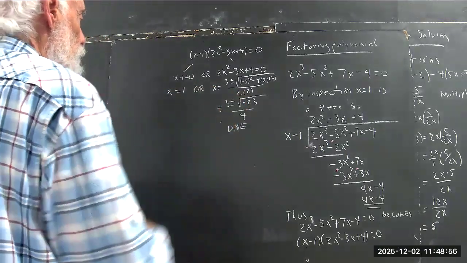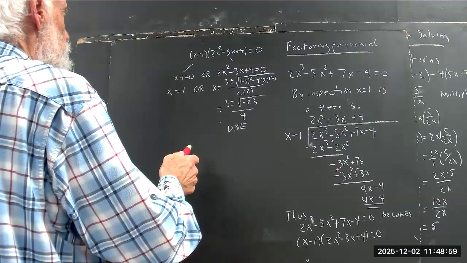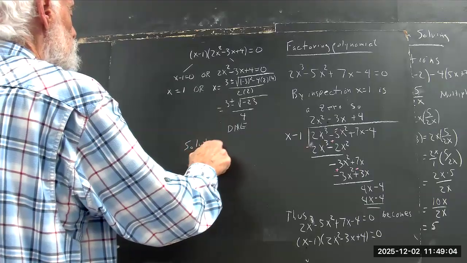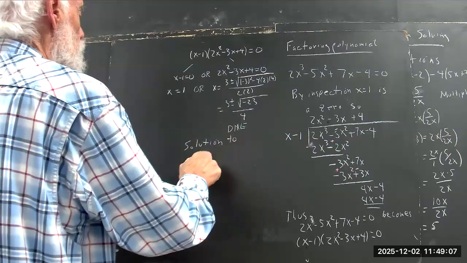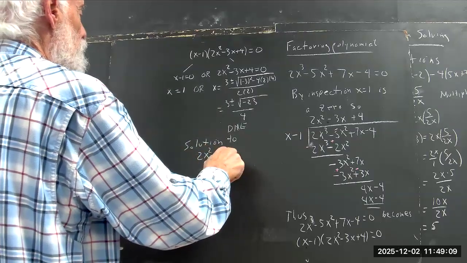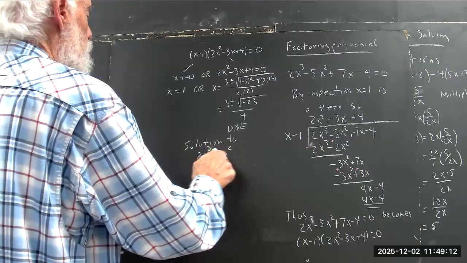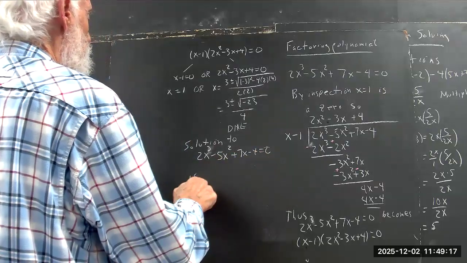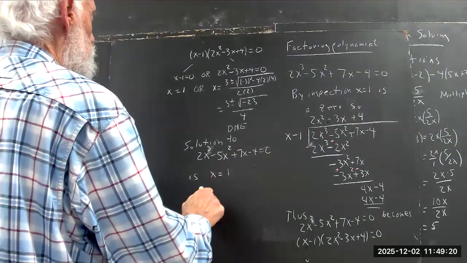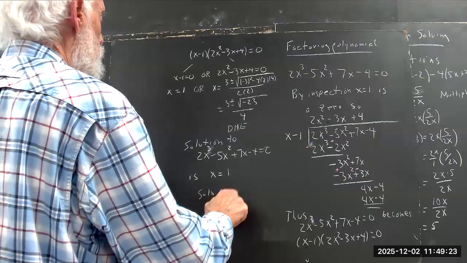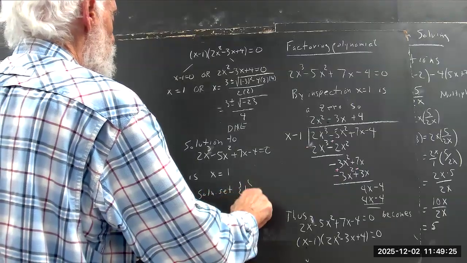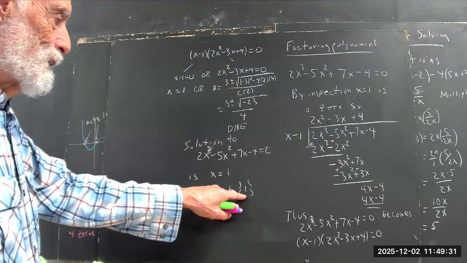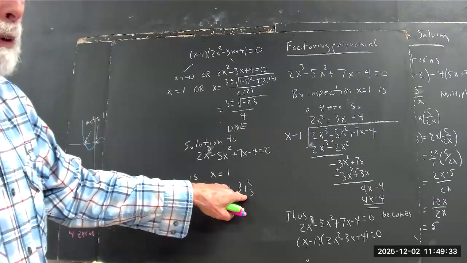And you don't have to evaluate anything else. So the solution to 2x cubed minus 5x squared plus 7x minus 4 equals 0 is x equals 1. The solution set is the set that contains only the number 1.